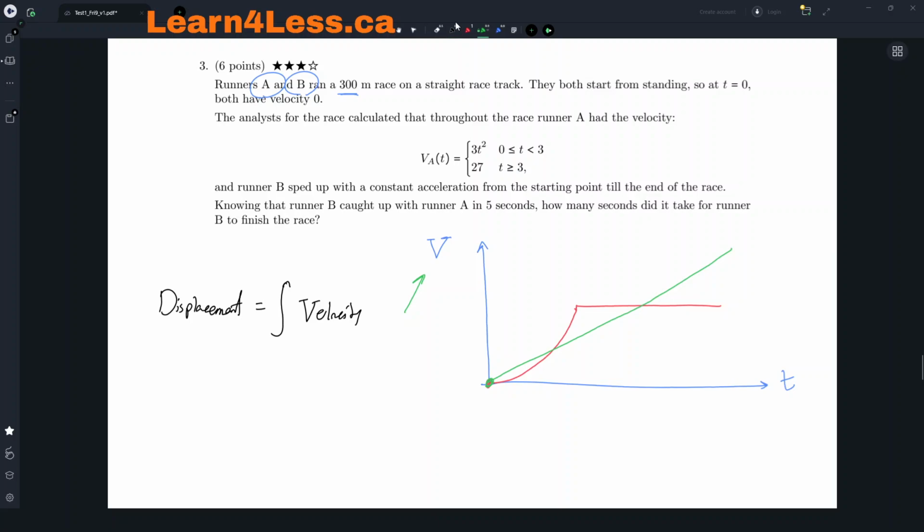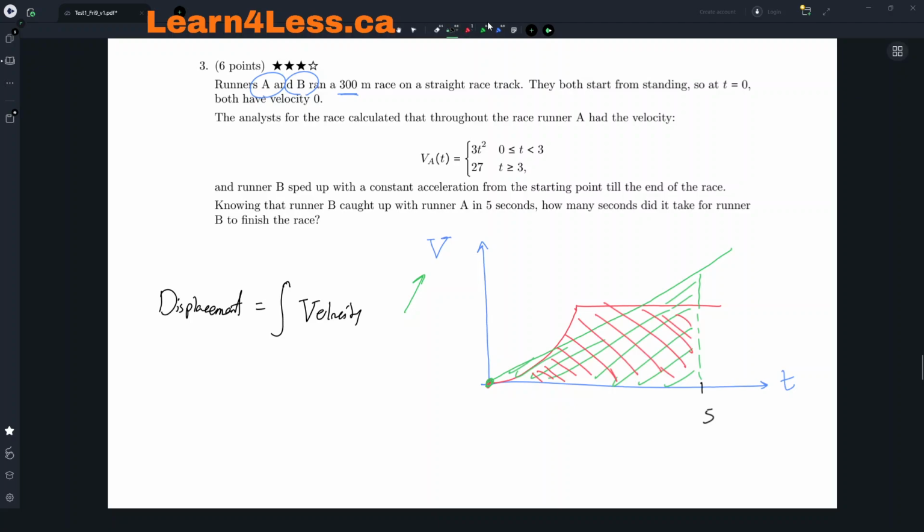And when they say runner B caught up with runner A in 5 seconds, let's say it's here, at 5 seconds, it means the area under the green curve, the integral of that, is equal to the area under the red curve. Their displacement from the start point is the same, so they are at the same place. That's the idea behind this question.